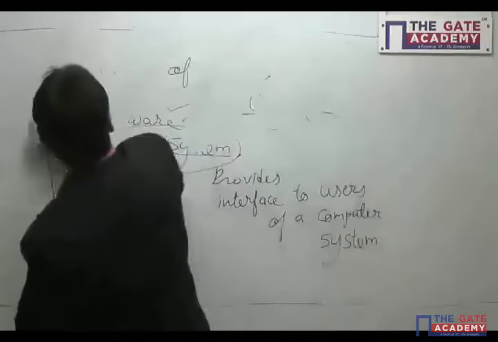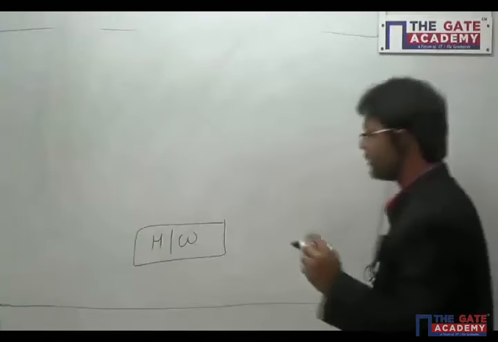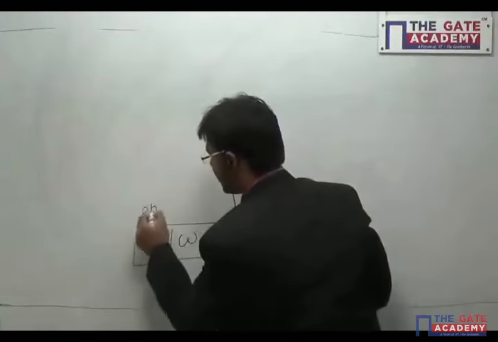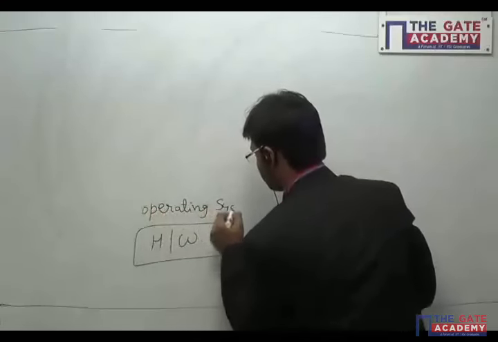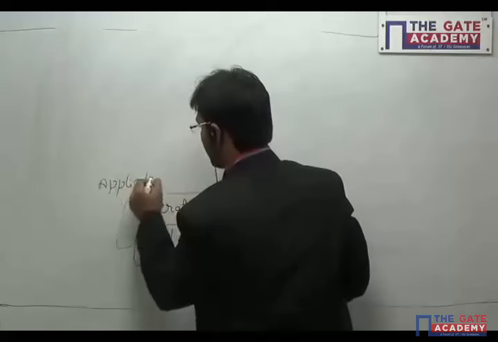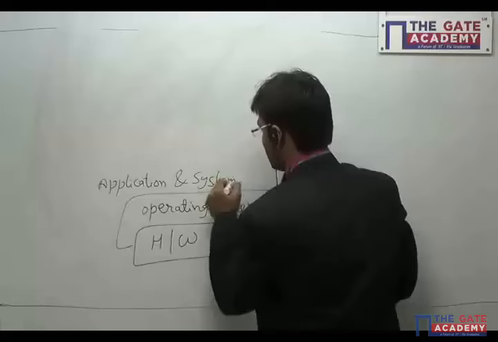Okay, so we'll see one diagram. Through that diagram you can understand exactly. This is hardware. Okay, on the top of hardware your operating system will work, and on top of operating system application and system programs will run.